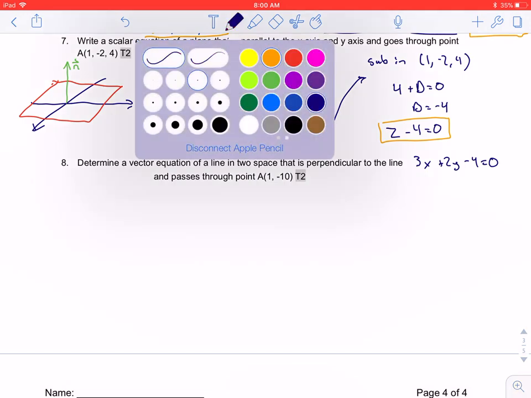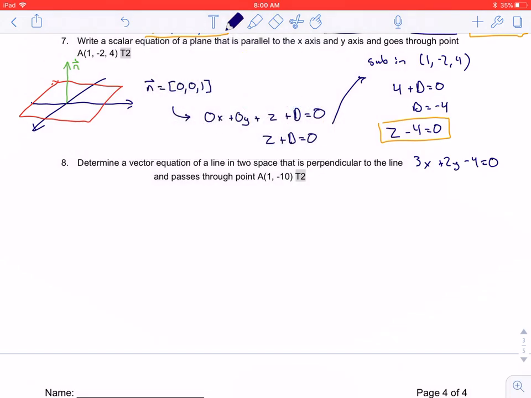And then the final question on this page is asking us to determine a vector equation of a line in 2 space that is perpendicular to this line and passes through a given point.